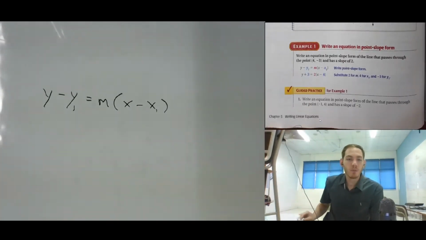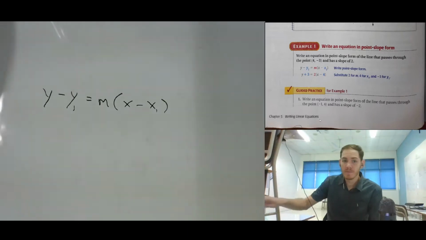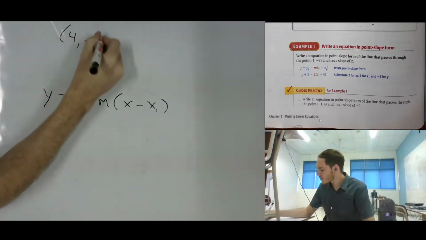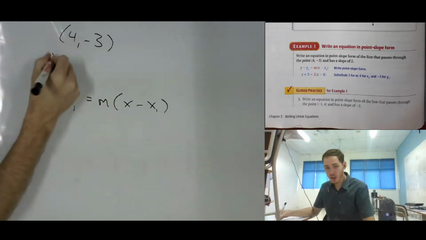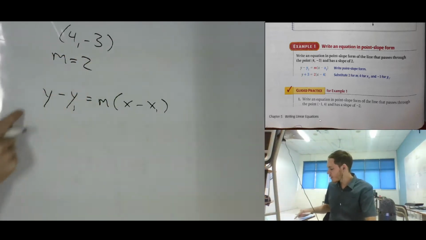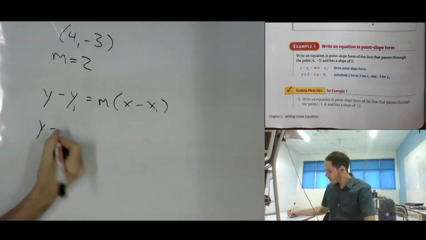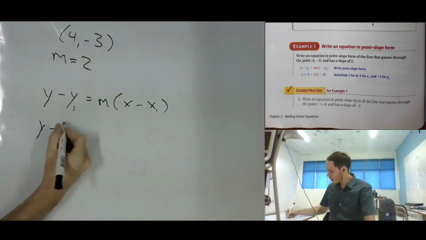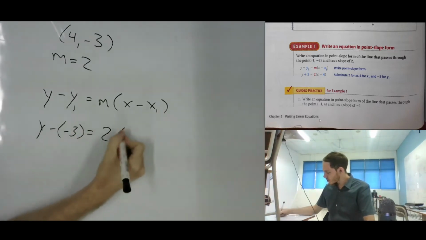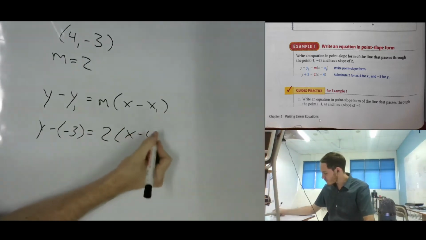Write the equation in point slope form of the line that passes through the point (4, -3) with a slope of 2. So our point is (4, -3), and our slope is 2. What do we do? We plug it in. So we get y minus (-3) equals 2 times (x minus 4).